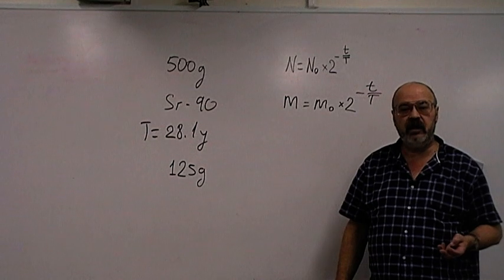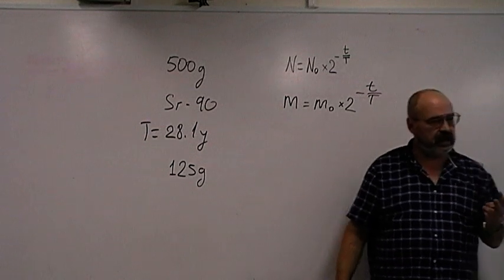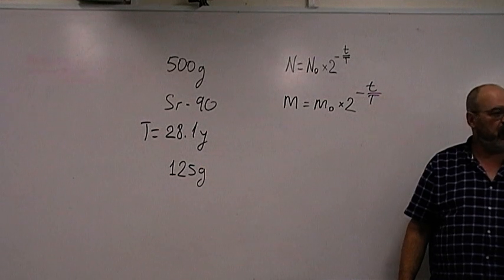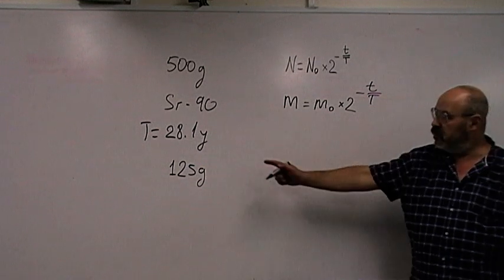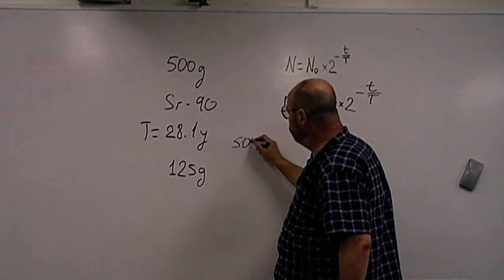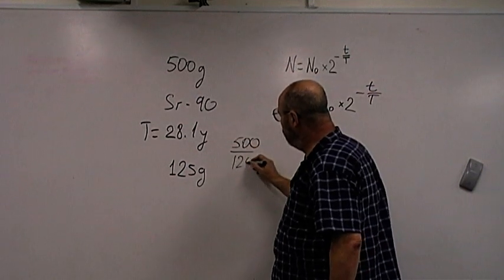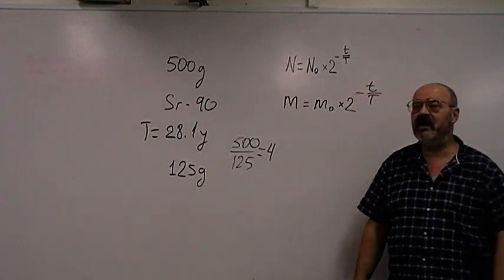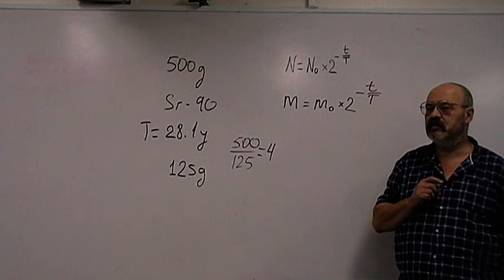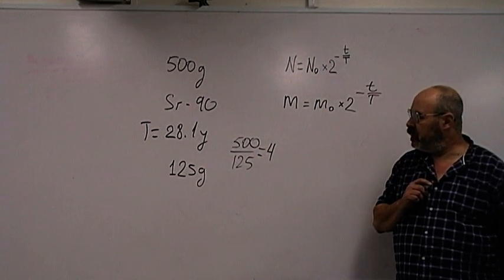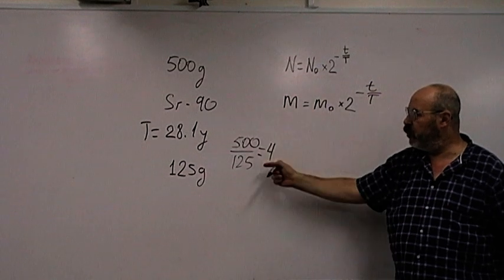We can solve this problem in two ways. First, divide 500 by 125, which equals 4. So it will be 4 half-lives.